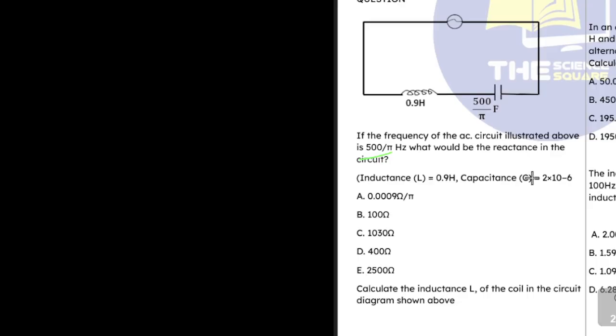Okay, sorry, that means this diagram is not correctly drawn, I guess. See the capacitance here. The capacitance is 2 times 10 raised to power minus 6. That means this value we are seeing here is the value for the frequency. 500 over pi is the value of the frequency. Let me write that in red ink. It's 500 over pi hertz as the frequency, while the capacitance is 2 times 10 raised to power minus 6 farad.